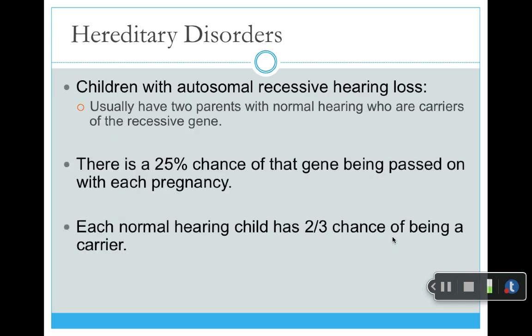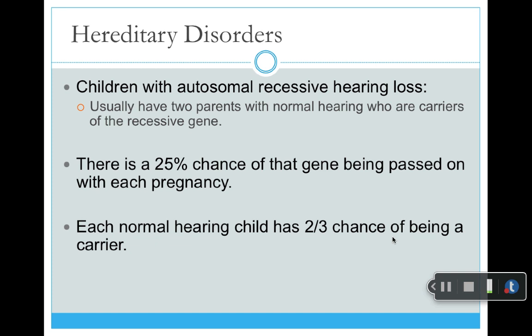So children with autosomal recessive hearing losses usually have two parents with normal hearing that carry the recessive gene. I think about a third of the population carries this recessive gene for hearing loss. And with each pregnancy, there's a 25% chance that the gene is going to be passed on. Okay? So each normal hearing child has a 2/3 chance of being a carrier.